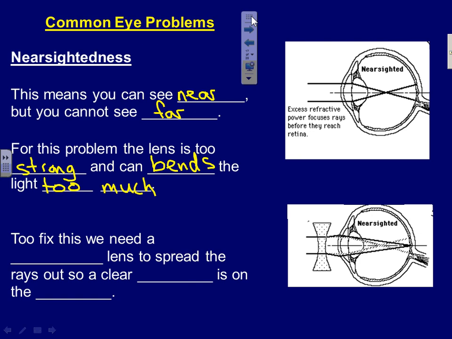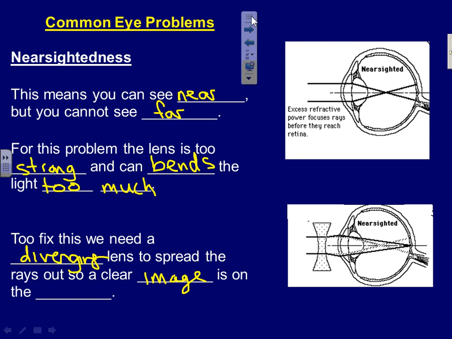To fix this, we need a diverging lens, to spread the rays out so a clear image is on the retina.